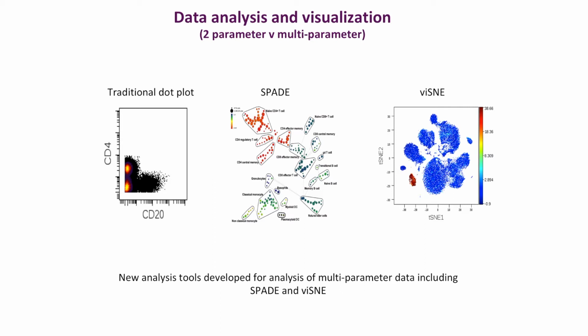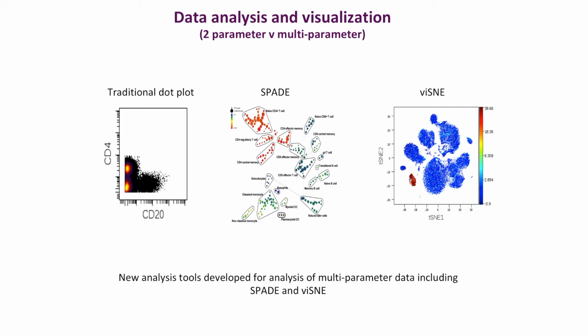You can look at this information with the traditional dot plot, like in flow cytometry, where you have one marker and the second marker along the y and x axis. But you might want to look more generally at the expression. And we will go into multi-parametric data analysis software that reduces the dimensions of your data to something a bit more manageable, and tells you how the cells are clustering together.